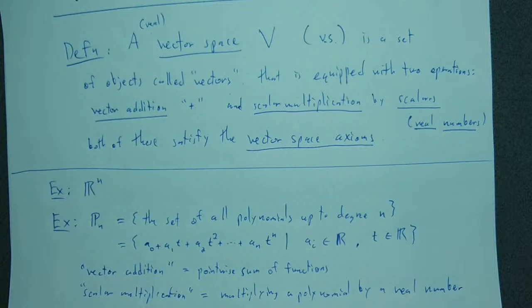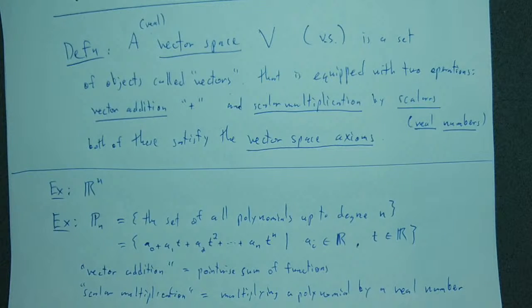Now, this shows the benefit of switching to language where we're not just talking about Rn constantly. Now, to spoil the fun, we are going to see, as I mentioned last time, this is actually equivalent to some R to the big N. And you might be able to look at this and see exactly what R to the big N this is equivalent to.